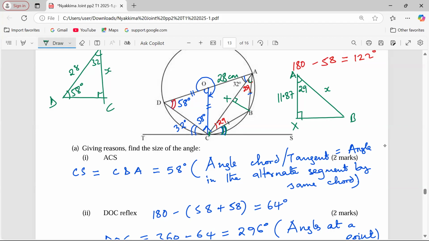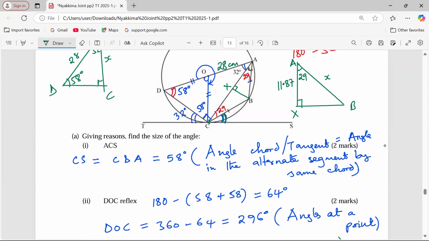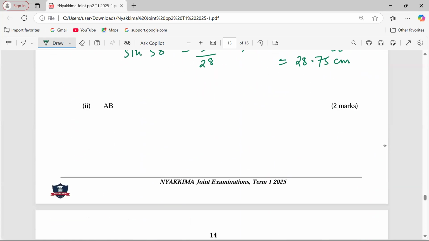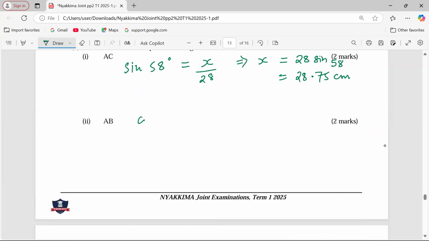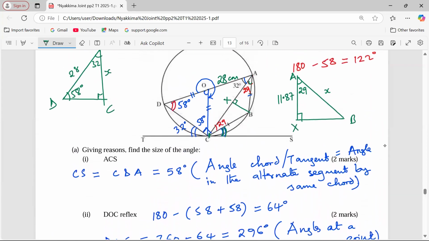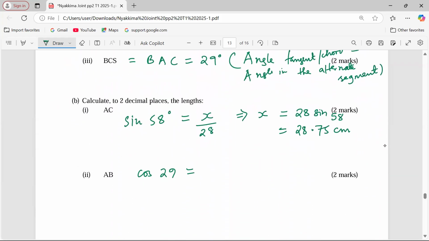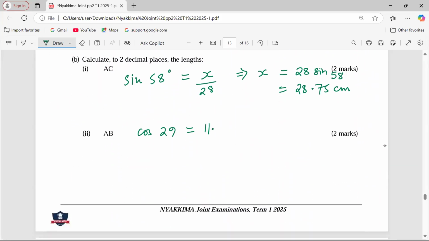We will apply cosine. The cosine of 29 degrees equals the adjacent length 11.87 divided by the hypotenuse, which is unknown. So how do we get this hypotenuse called X?